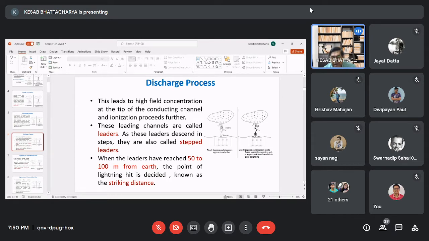When the distance between these negative charges concentrated at the tip of the leader and any earth object is within 50 to 100 meters, it is decided which particular earth object is to be hit by the lightning. And this distance, 50 to 100 meters from earth, is called the striking distance.